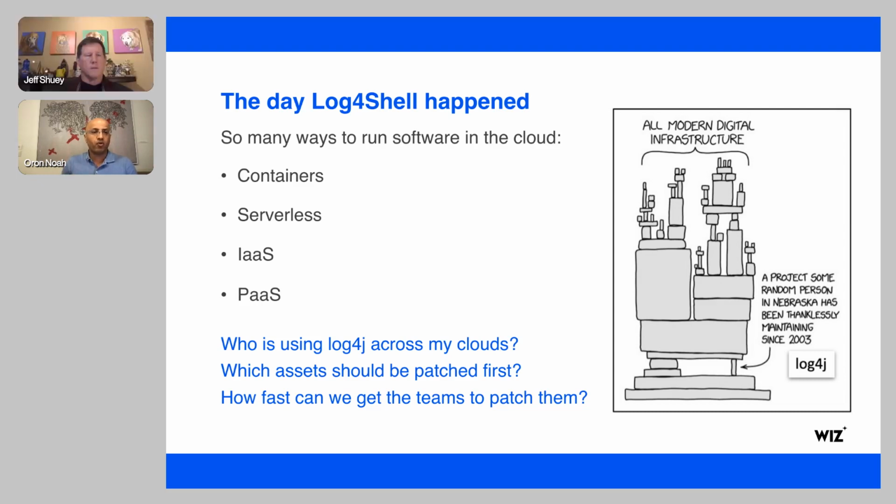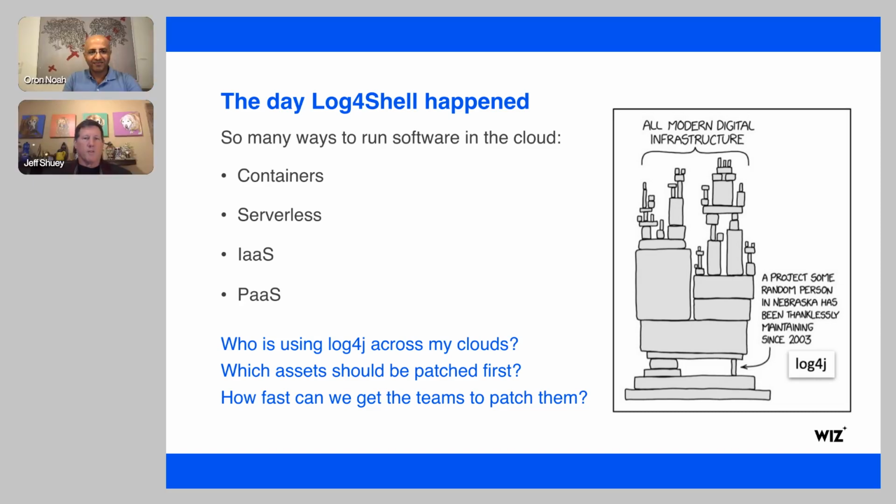Even so, assuming that right now, a CISO a week before Christmas identifies 100,000 Log4Shell packages that he needs to patch, which asset does he need to focus on first? How can the relevant teams in my organization help fix the relevant vulnerable assets? Those were very, very simple questions back then, but unfortunately in the cloud there is no simple answer.